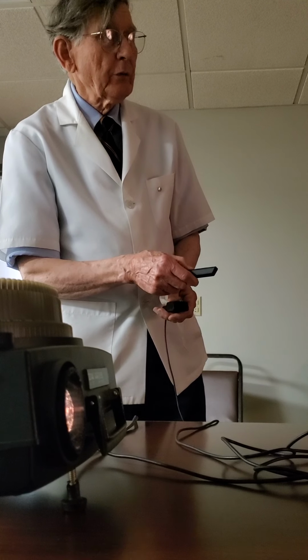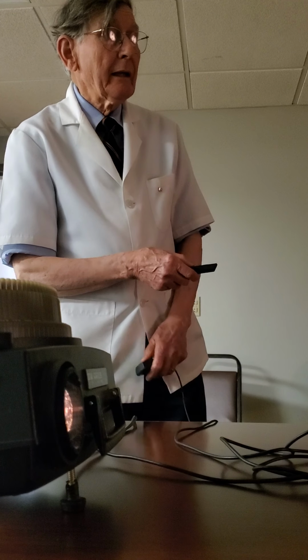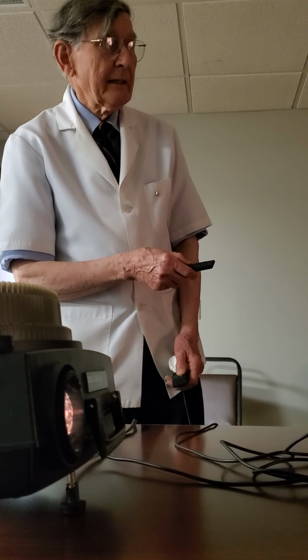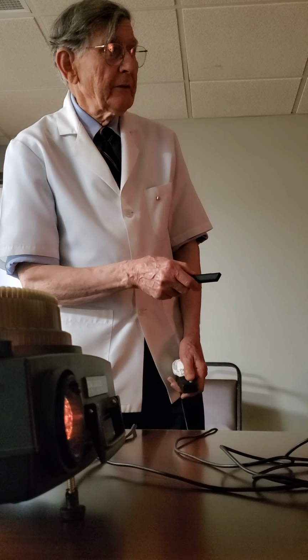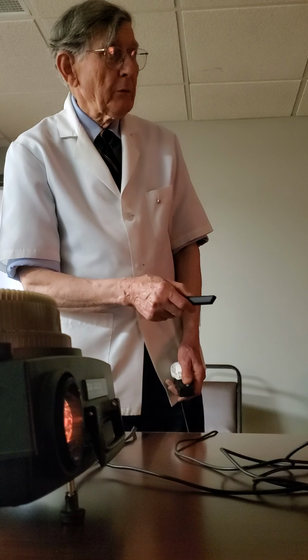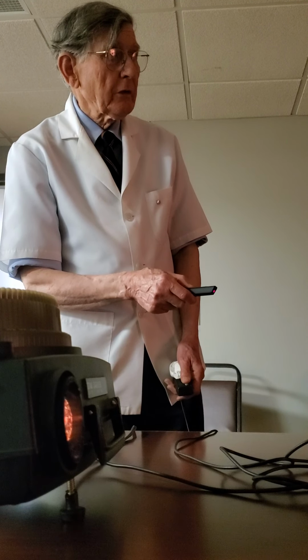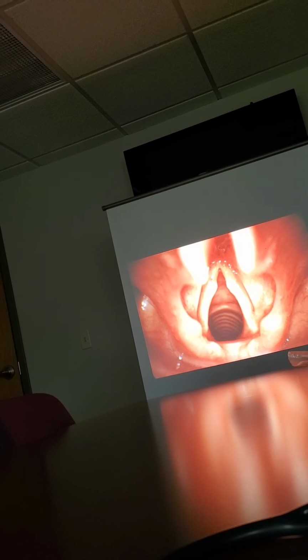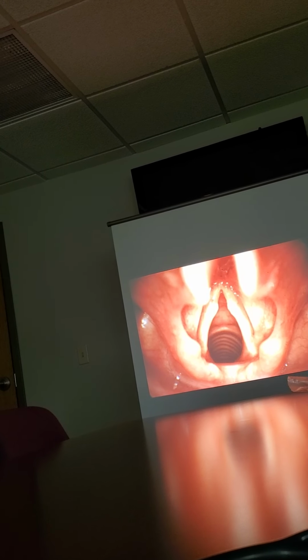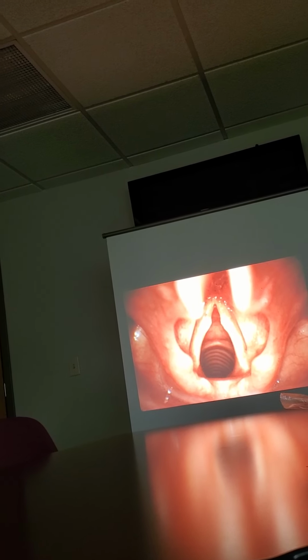But if they don't, then they'll continue, and it's not something that goes away overnight. This is an example of a couple large, what we call vocal nodules here and there as well. And you can see how this would get in the way of closure in terms of having a perfect voice.